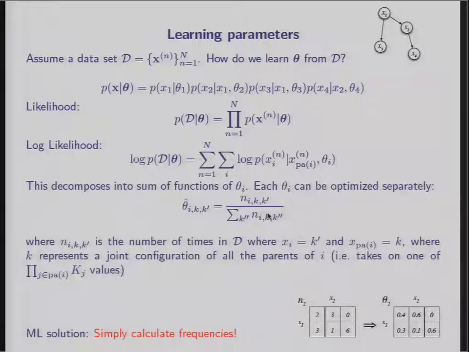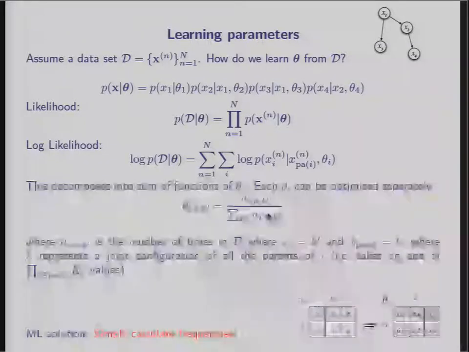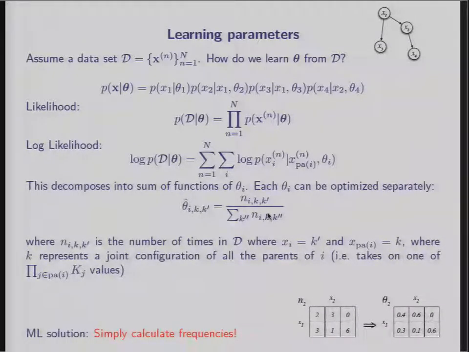The nice thing that happens when we do that is the product over n turns into a sum. Then each of these terms, because of the factorization of the graph, turns into another sum over variables. And then you get the log probability of the ith variable given its parents and the parameters of the ith variable. So basic rules of probability being applied here.